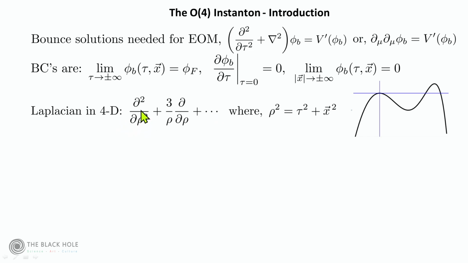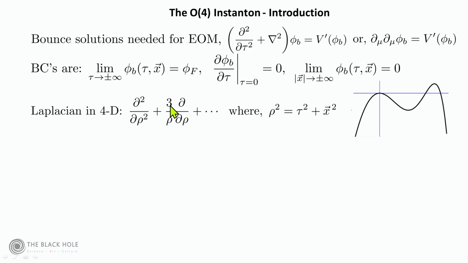And just to remind you, suppose we had 2 dimensions, the Laplacian in 2 dimensions, well, we would have d2 d rho squared plus 1 over rho. Sorry, I'm saying this wrong. In 2 dimensions, we would have 1.